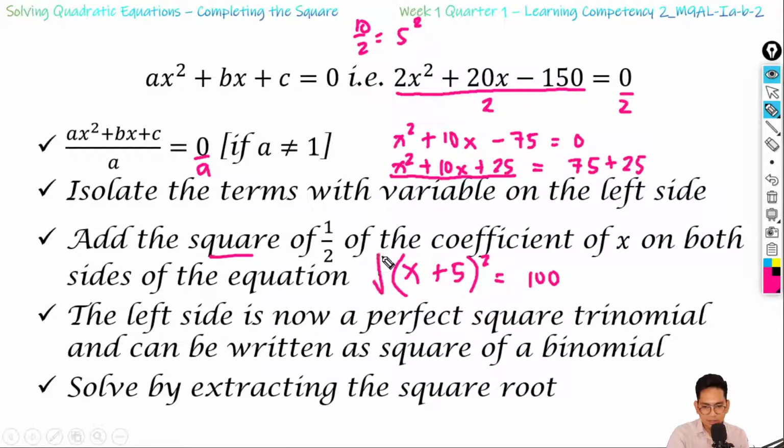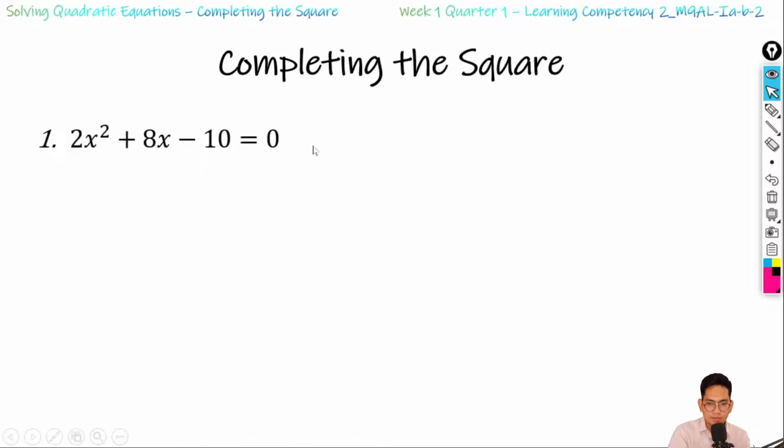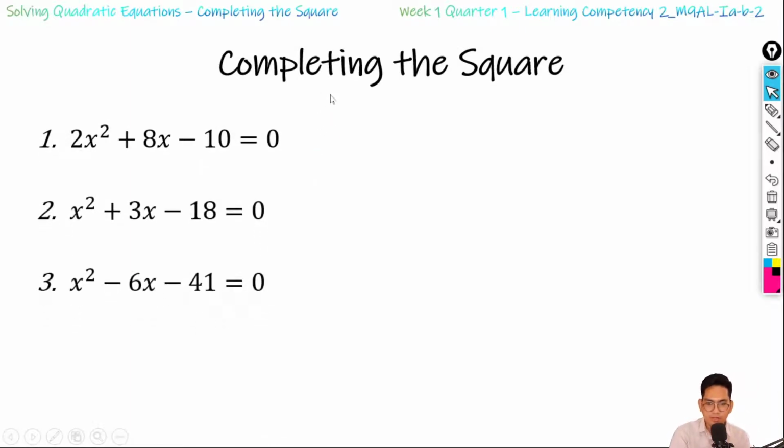So get the square root of both sides of the equation, giving us x plus 5 is equal to positive negative 10. And for our solution, we have positive 5 transposed, we have 10 minus 5 is equal to 5, or negative 10 minus 5, we have x is equal to negative 15. Okay, so let us put that into examples, completing the square.